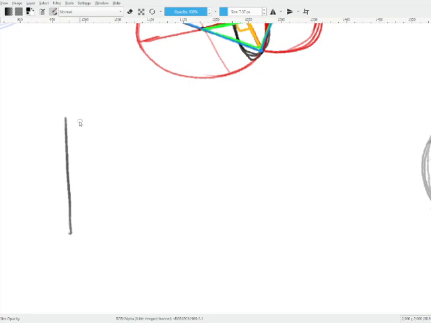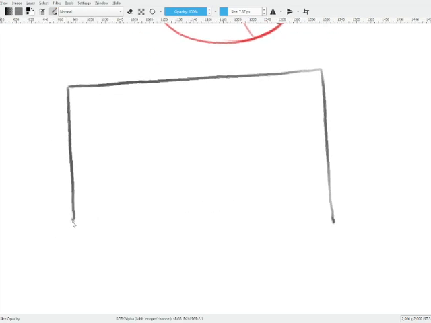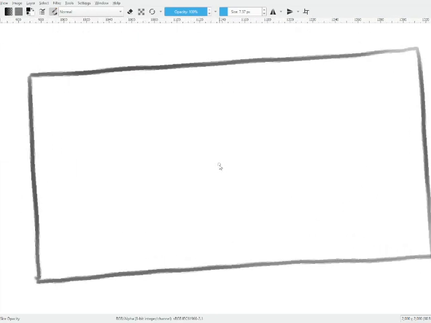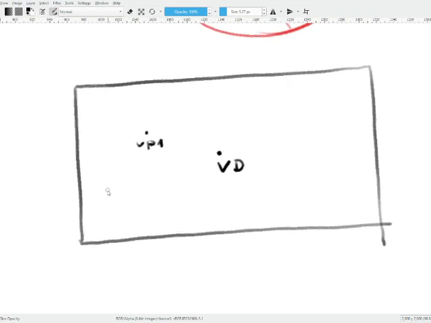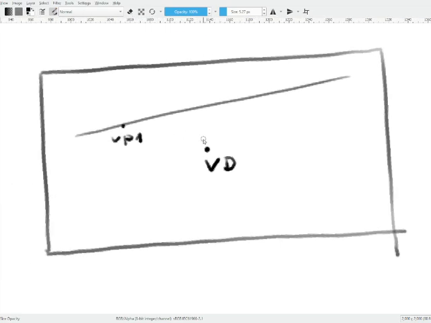To avoid it, we usually start with the viewing direction. So we have our viewing direction there. We have some vanishing point 1. Then we already know how to find an orthogonal vanishing point. We can just draw some horizon line. This is a part where we still have some degree of freedom. We again find a station point which works for this horizon line.